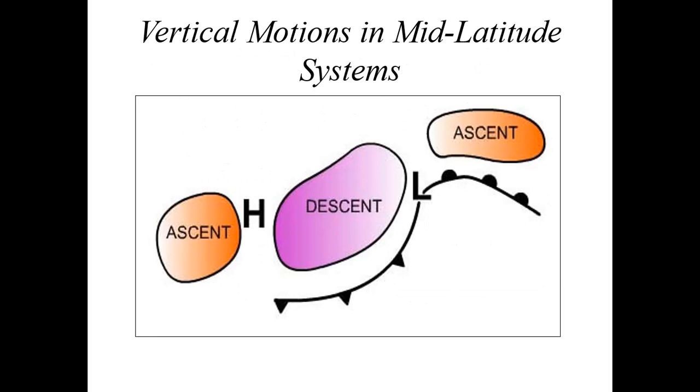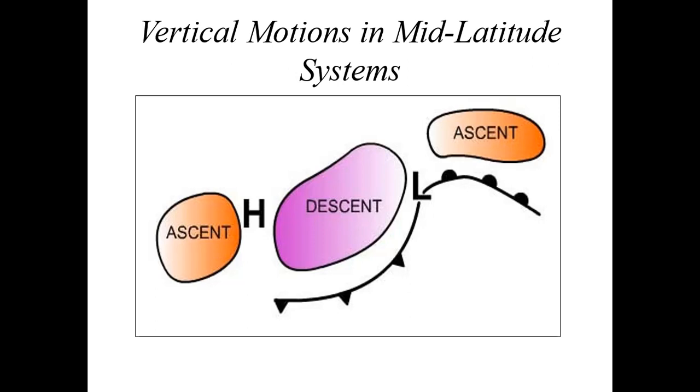Here is, in general, a great graphic showing vertical motions associated with mid-latitude systems. We have an L for low pressure, we have H for high pressure in this image, showing you ascent equaling rising air motion. That's where you're going to get your clouds and precipitation, where you see the orange ascent areas where the air is rising.